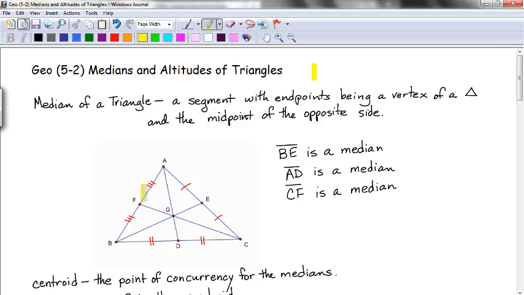And then AF is congruent to BF, mark it that way. So the segment going all the way across from the vertex to the midpoint, BE is a median, AD is a median, and CF is a median.